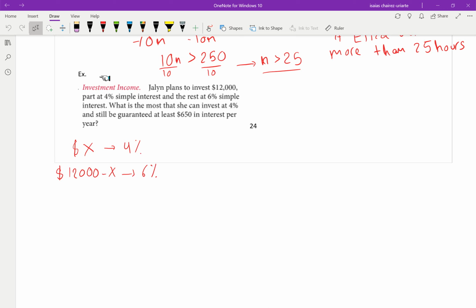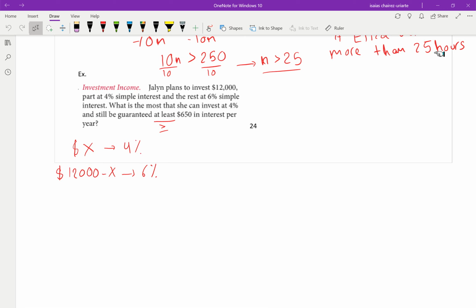So let's just first agree to that. She's going to put X dollars into the 4% interest, and she's going to put the remaining amount of money, 12,000 minus X, at 6%. And we want the interest to be at least $650. At least means bigger than or equal.